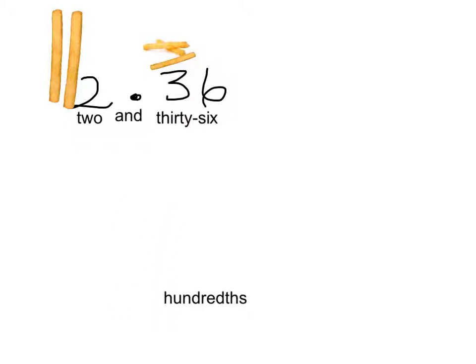And then we look at the digit that's in the final resting place right here, and we have to remember what that place value is, and that is not the tenths, it's the hundredths. So then we say hundredths. So when we put it all together, we say 2 and 36 hundredths.